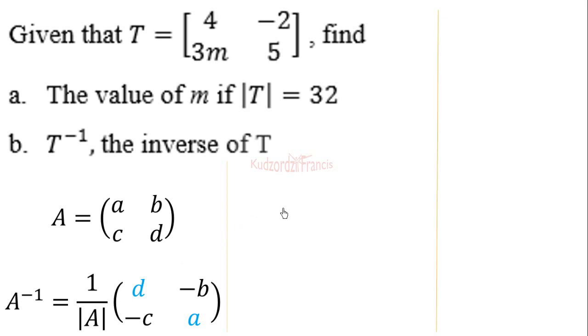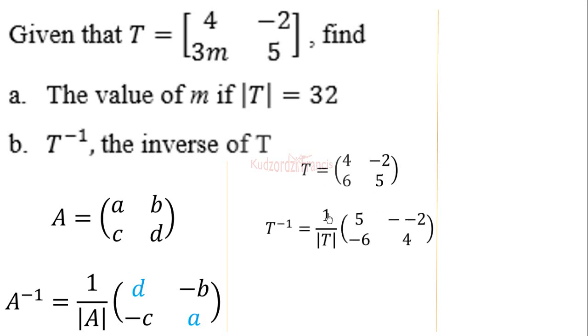Now with that, we can find our inverse, but we must first of all substitute the 2 here to get 3 times 2, which is 6. So our matrix T has entries 4, -2, 6, 5. The inverse is given by 1 over the determinant of T, which is 32 already.